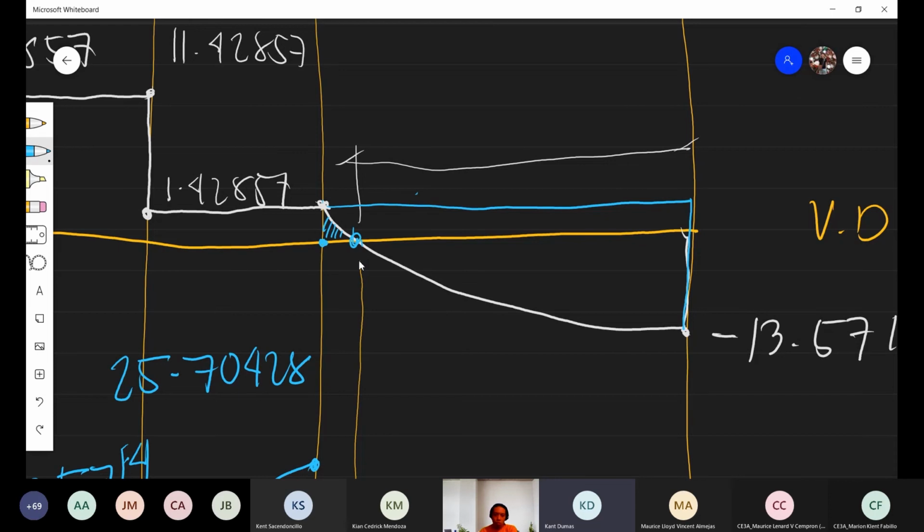Then the quadrilateral has a fourth point at one corner. Then the spandrel is the remainder, sir. So, square, rectangle. Yes, sir. Then the spandrel is this shaded area. This one? Yes, sir.